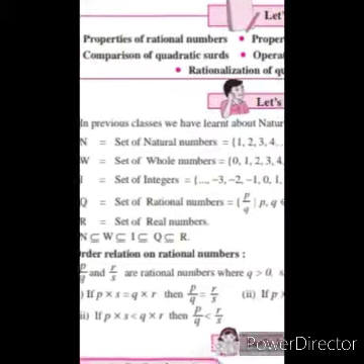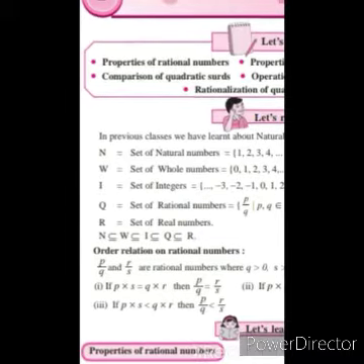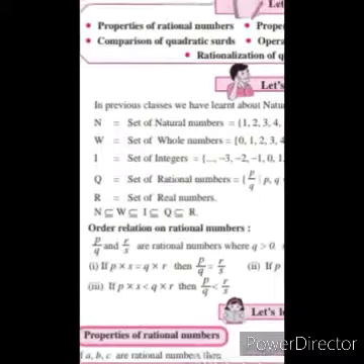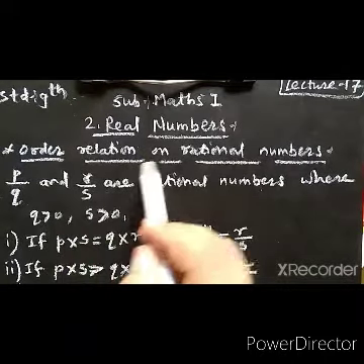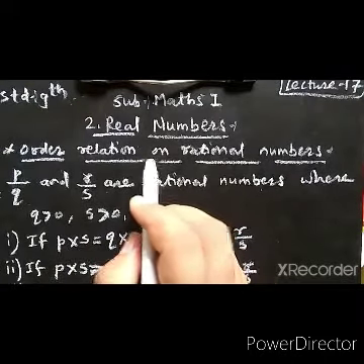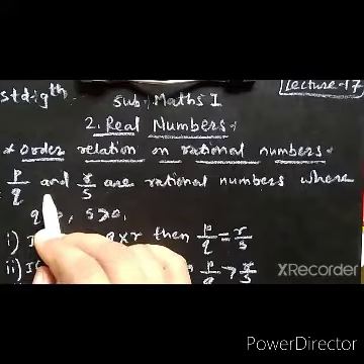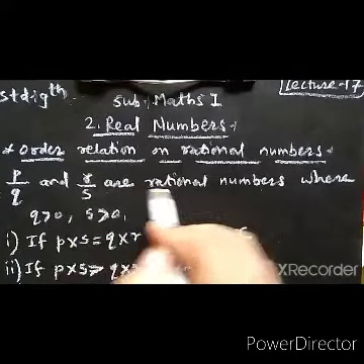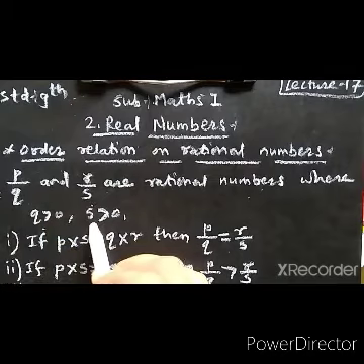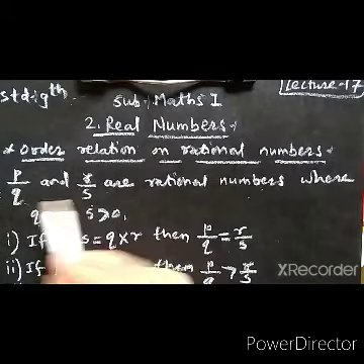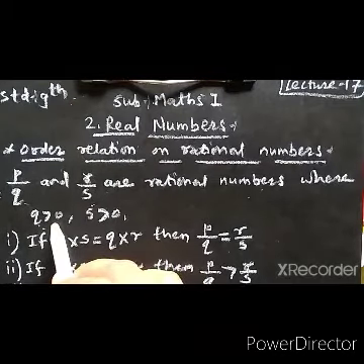So let us see the next point, order relation on rational numbers. P upon Q and R upon S are rational numbers where Q is greater than 0, S is greater than 0. It means the values of Q and S are greater than 0.